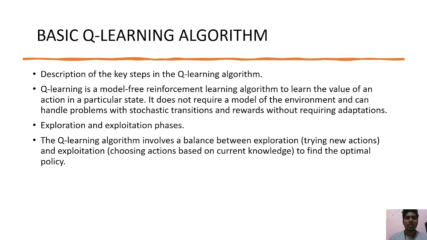It doesn't require a model of the environment and can handle problems with stochastic transitions and rewards without requiring adaptation. Exploration and exploitation phases. A Q learning algorithm involves a basic balance between exploration, trying a new action, and exploitation, choosing an action based on current knowledge to find an optimal solution or policy.